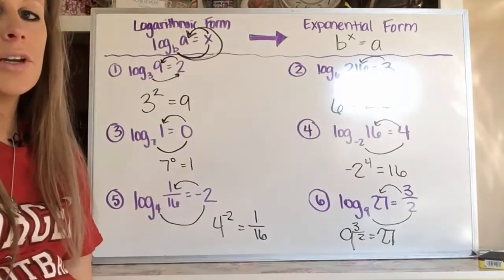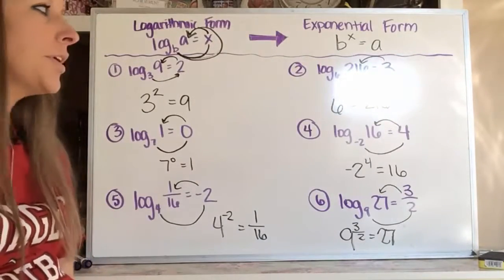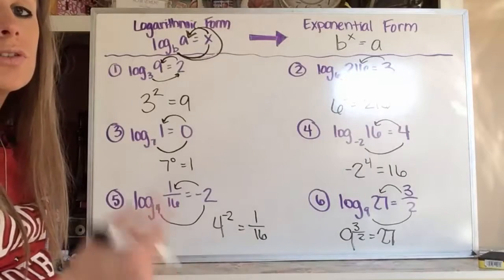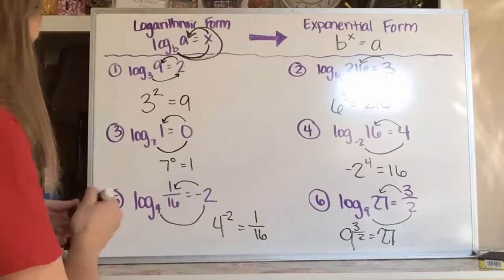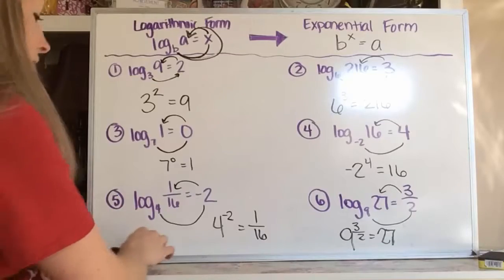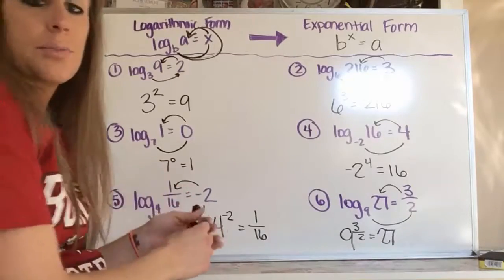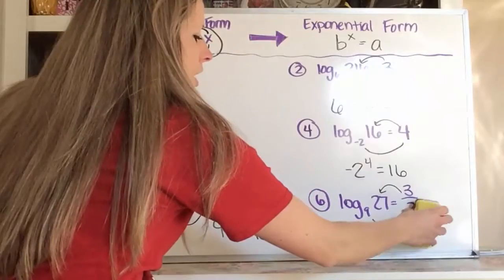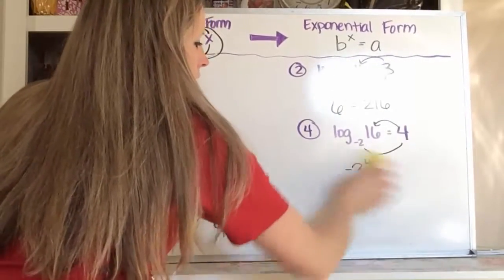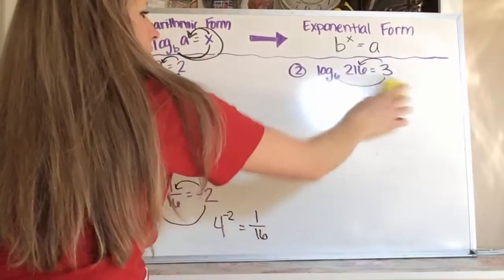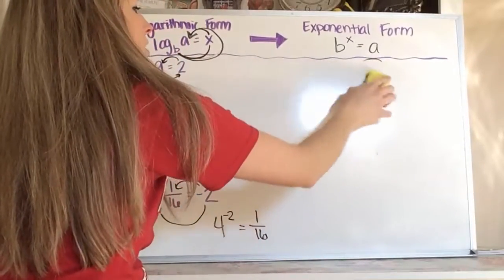Now we're going to go backwards this time. We're going to go from exponential to log. And like I said, it goes the same way. You still start out with the base and you go counterclockwise. So that part is not changing.